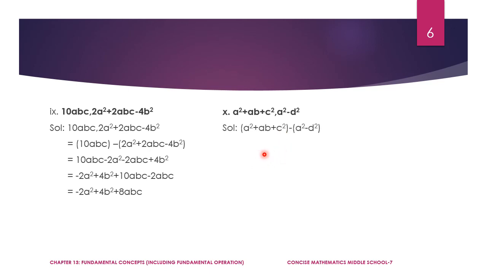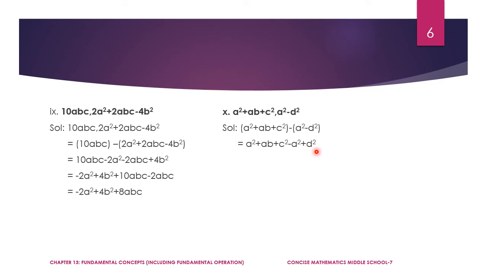Similarly, the second expression should be removed from the first expression. So I have written this statement like this. Next, multiply this minus inside with both these two terms. Plus into minus, minus a square, minus into minus plus d square.